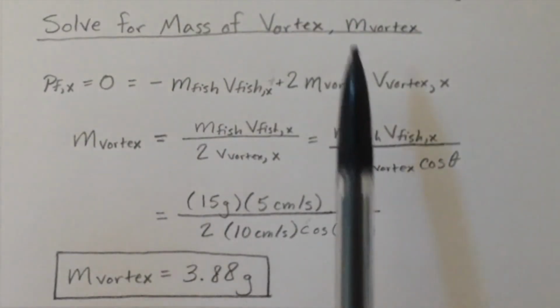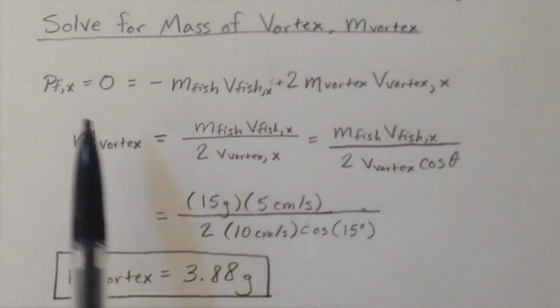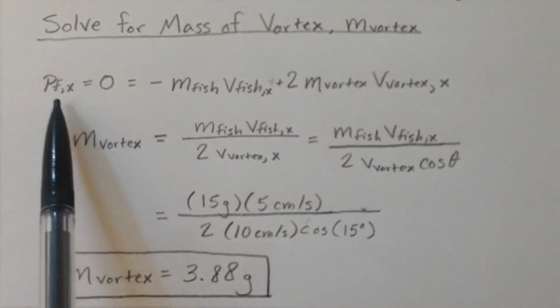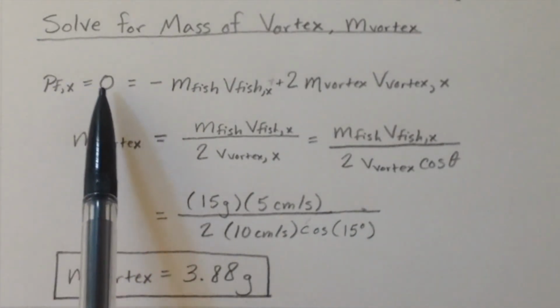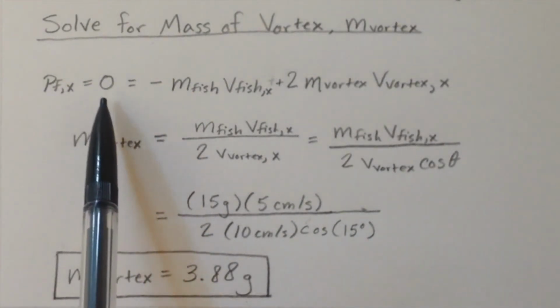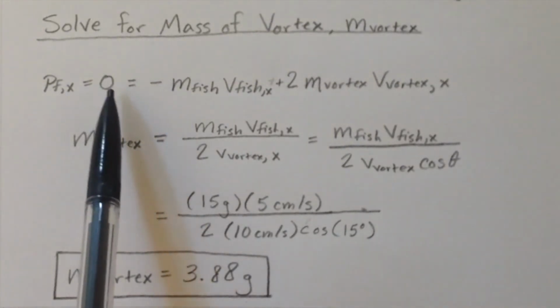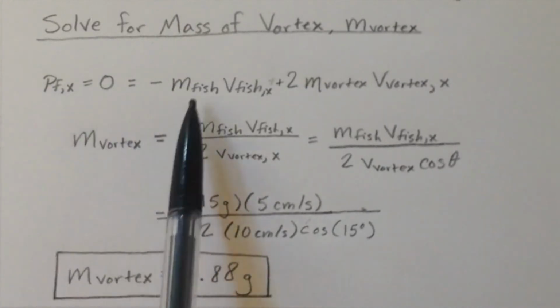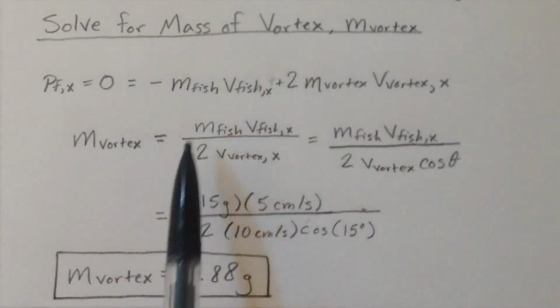At this point, we can now solve for the mass of the vortex. Using conservation of momentum, we set the momentum in the x direction of the fish and vortex system equal to 0. Again, that's because the fish is initially at rest, and so its initial momentum is equal to 0. We substitute in for this p_f,x the expression that we just derived.